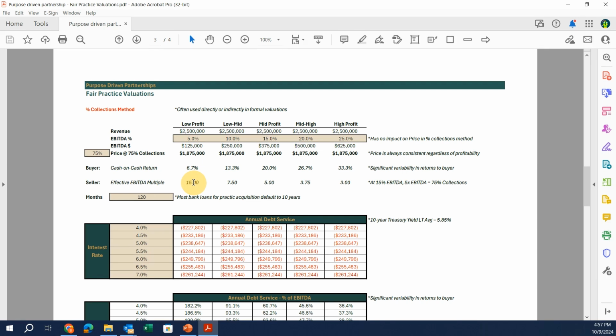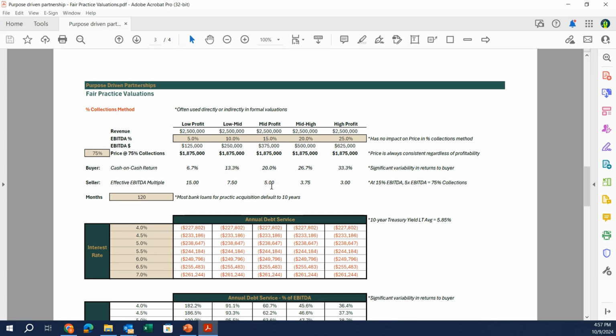That means that the buyer has to work for 15 years before they break even. On the high end, it goes the other way, where the buyer enjoys a whopping 33.3% cash-on-cash return, and the seller only enjoys 3 years. They're only paid 3 years of earnings for their life's work. And that also doesn't seem really equitable versus, we're anchoring to 20% for the buyer and 5 times for the seller.